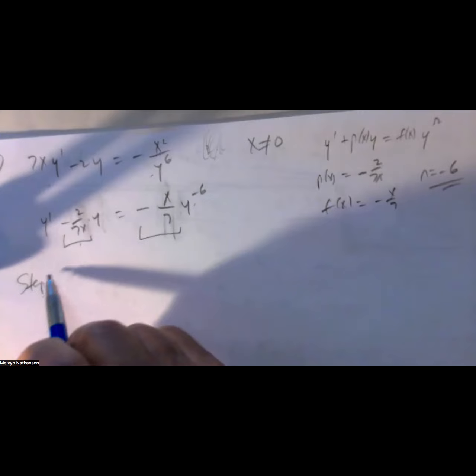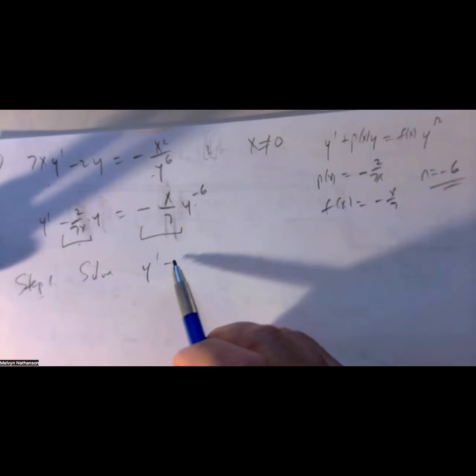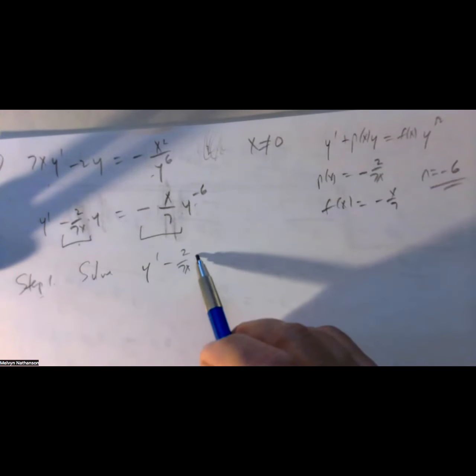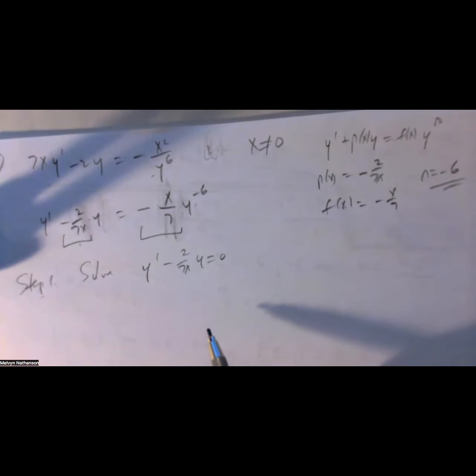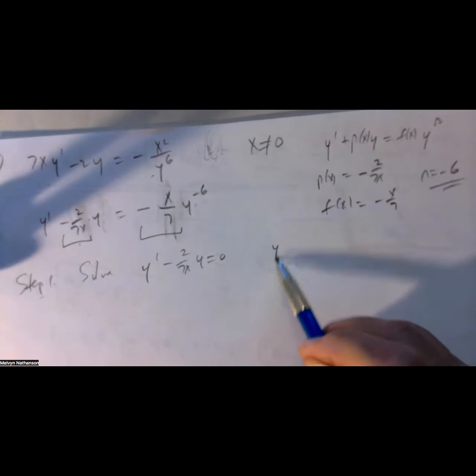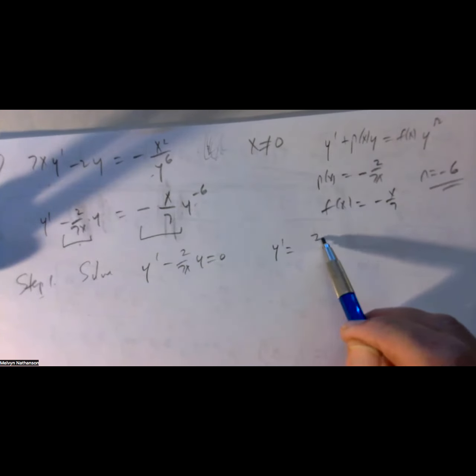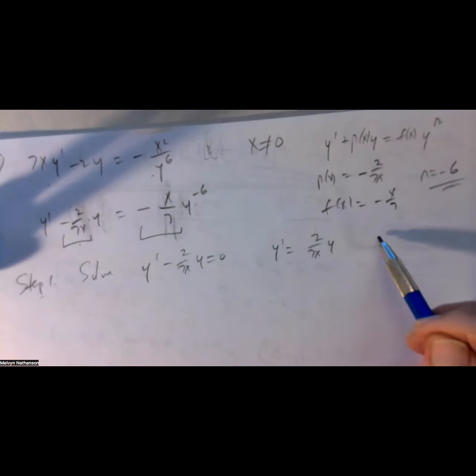So step 1, solve the homogeneous equation y prime minus 2 over 7x y equals 0. So this is a separable equation. This is y prime equals 2 over 7x y, or y prime over y equals 2 over 7x. And if we solve this equation, what do we get for y1?